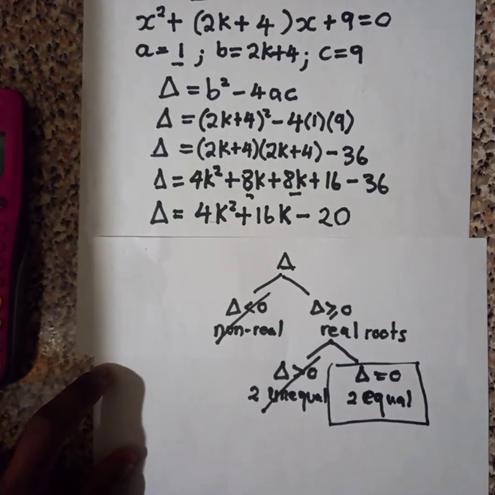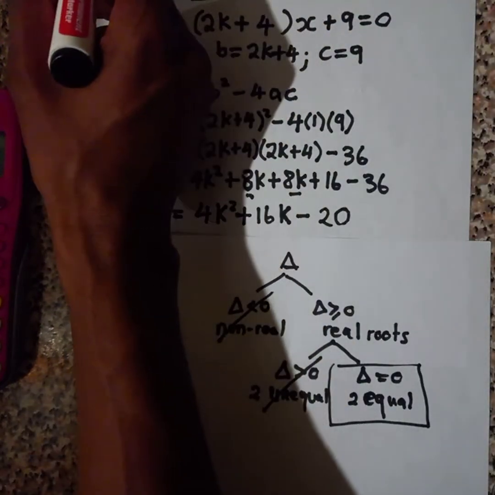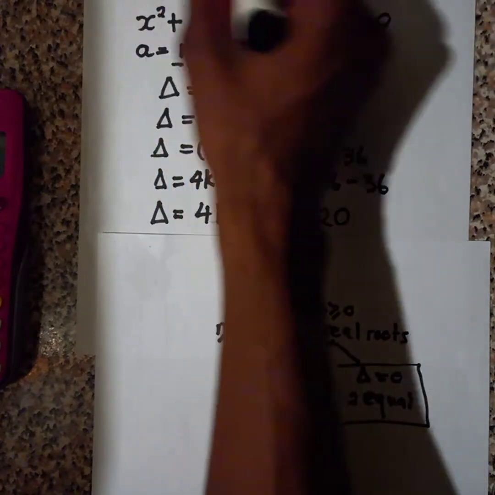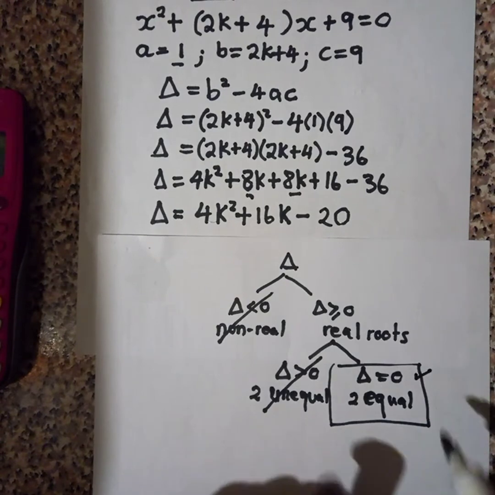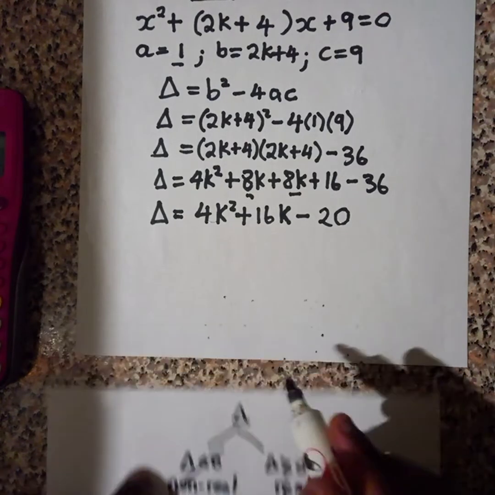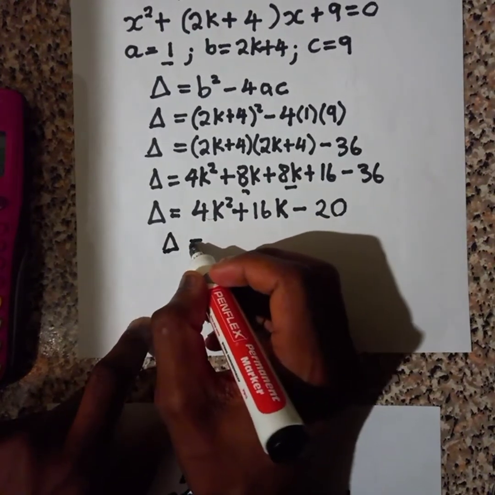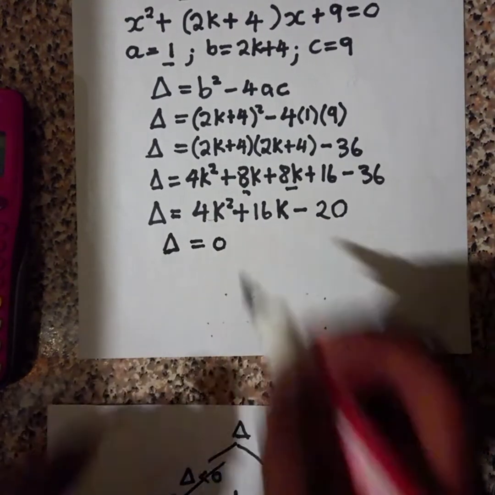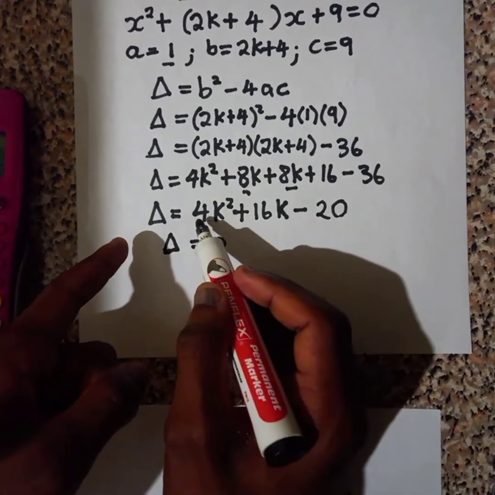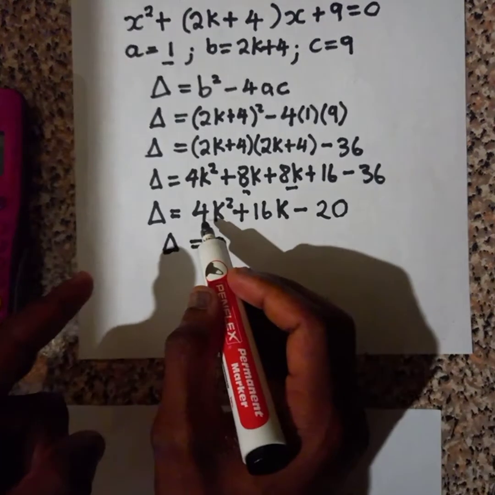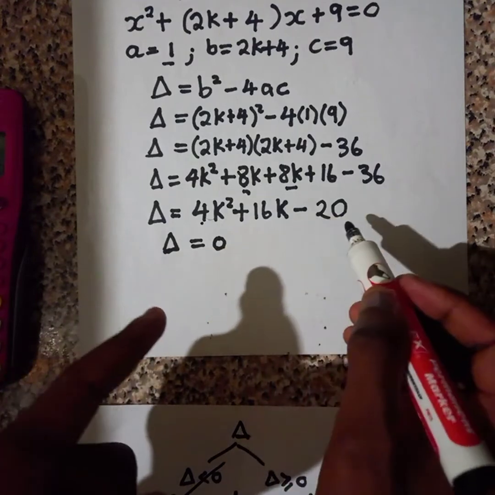From this point, we will say, okay, for this equation to have equal roots, we are going to use this suitable condition whereby our delta is equal to 0. We have found our delta already, which is 4k squared plus 16k minus 20.